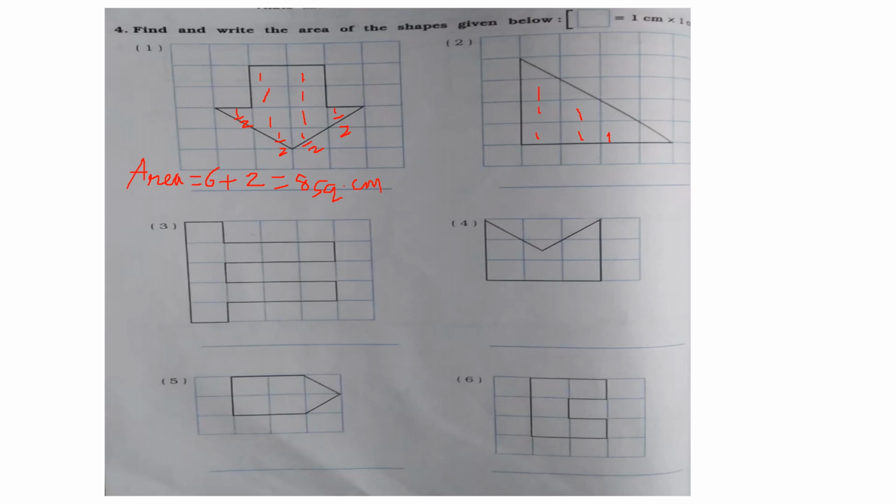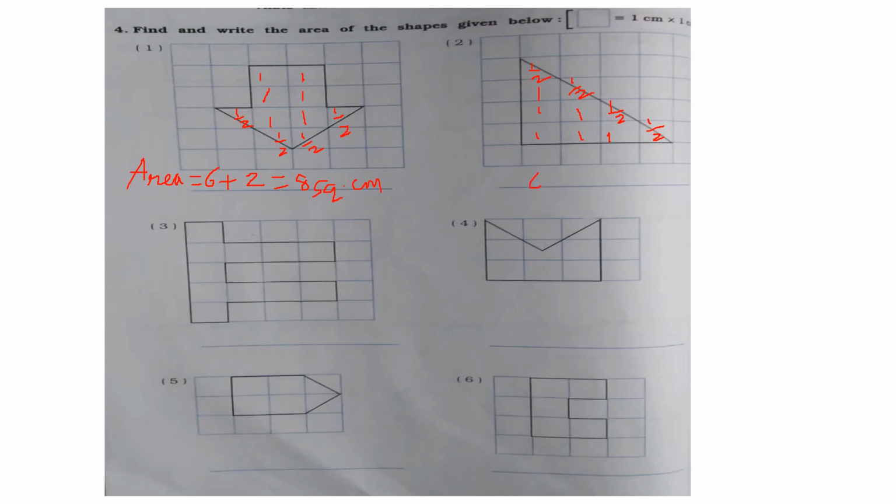Again now these two are half. So we can write here this is half. Again this is half. This is half. Again this also half. Okay, so total 1, 2, 3, 4, 5, 6.